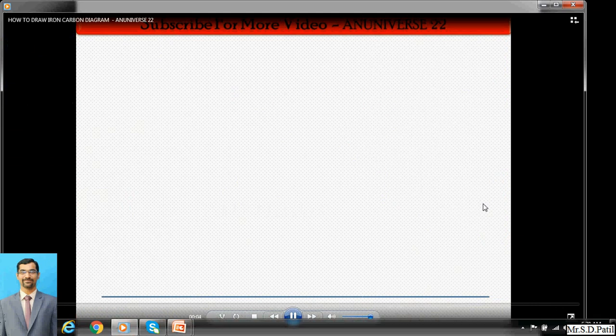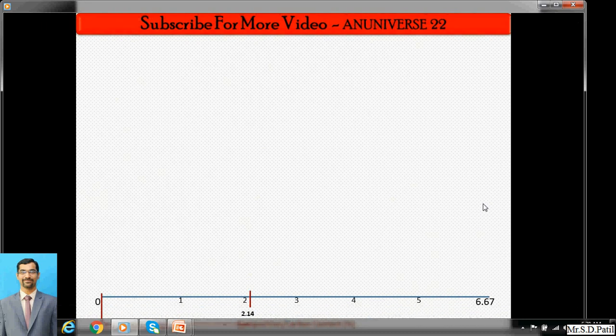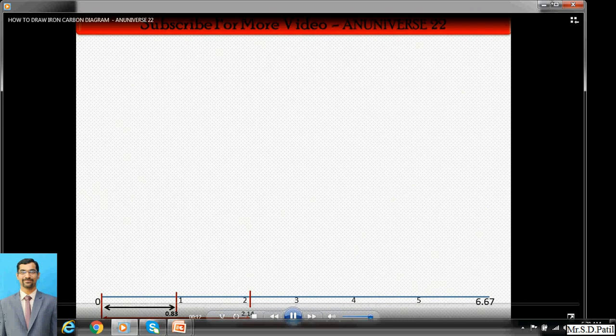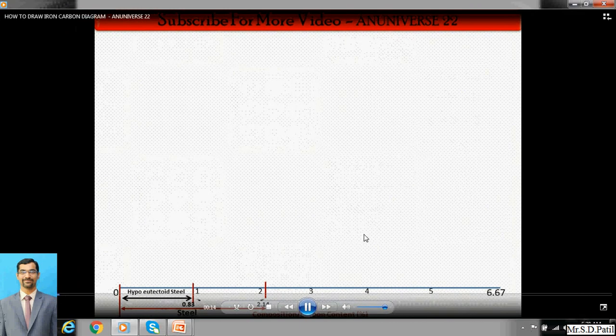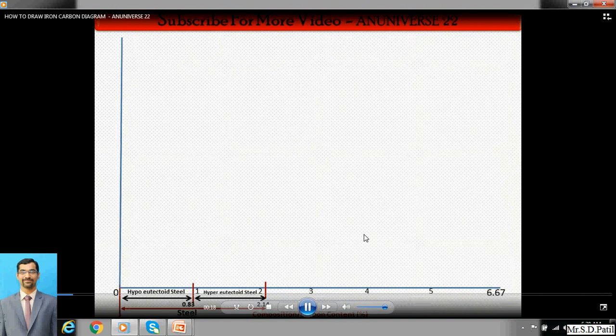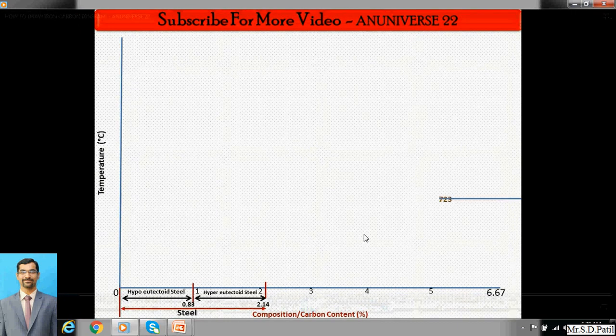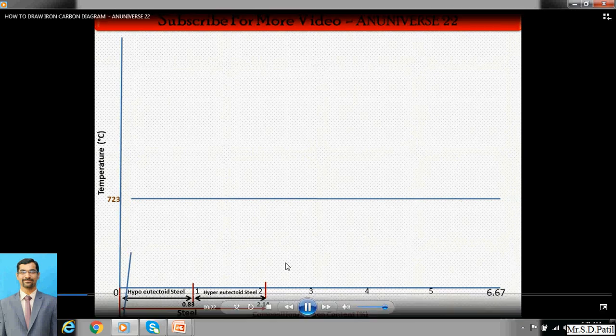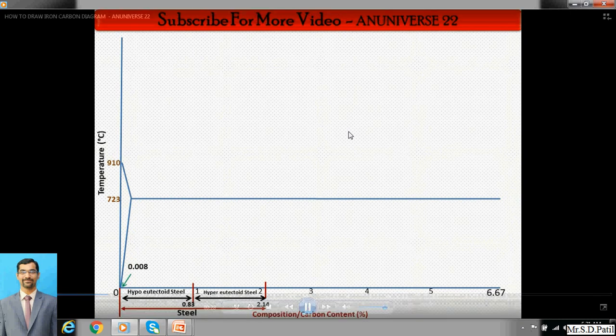First of all, we need to draw one axis, the x-axis, and on that x-axis we show the percentage of carbon, up to 6.67% carbon.